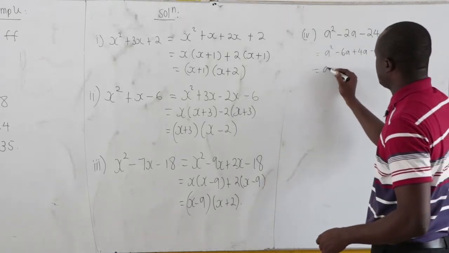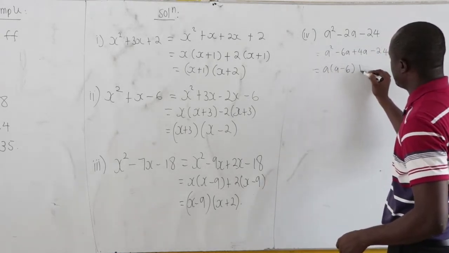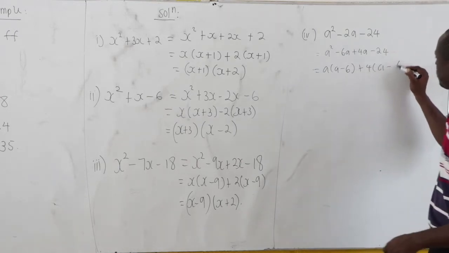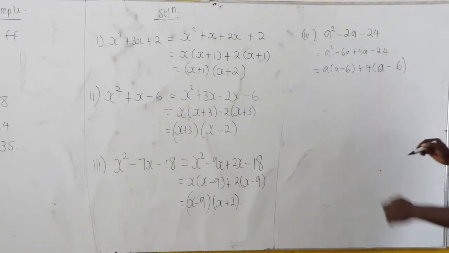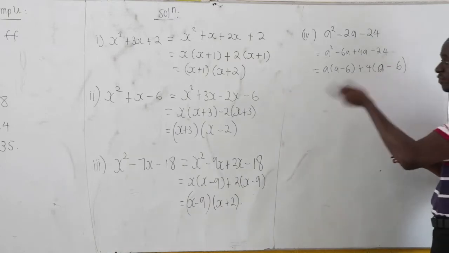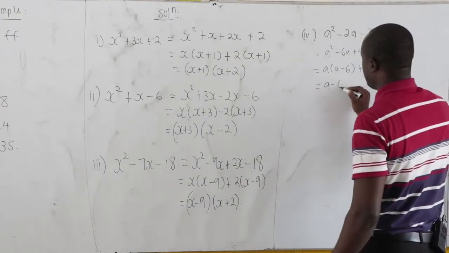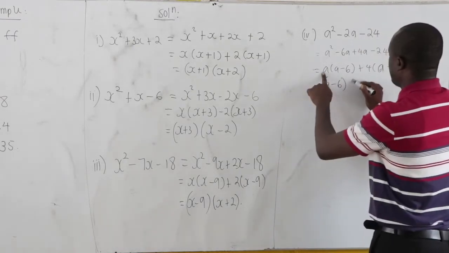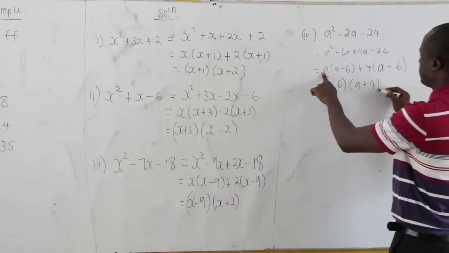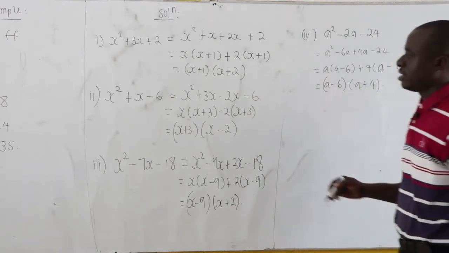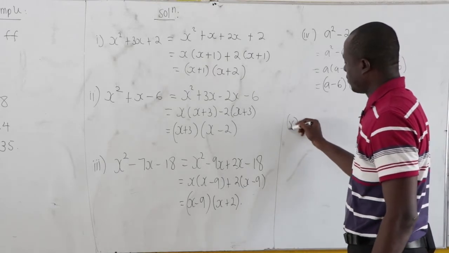Now this a is common, so we have a minus 6 plus 4. We have a minus 6. A minus 6 is common, factorize it out. What do you have here? a plus 4. Now let's see our fifth one.